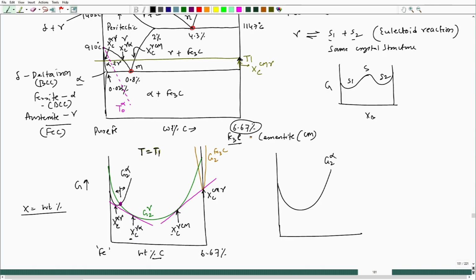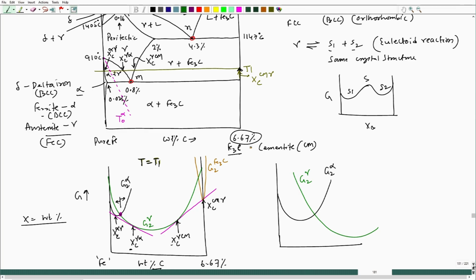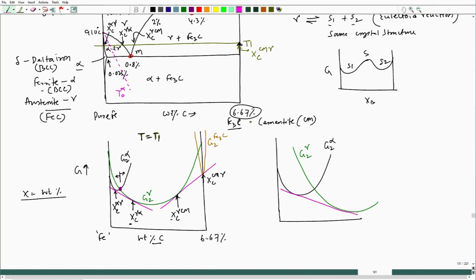This is G2 alpha, this is G2 gamma. Now, we have a common tangent. This is the composition Xc of gamma in equilibrium with alpha, and this is the composition Xc of alpha in equilibrium with gamma. Now, this is the T naught point, and this is the G axis.